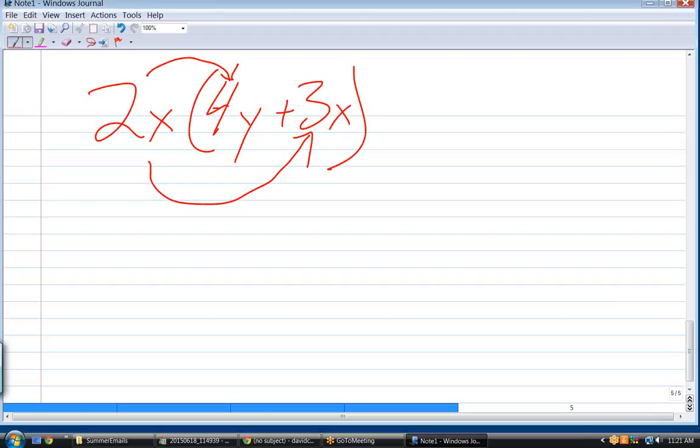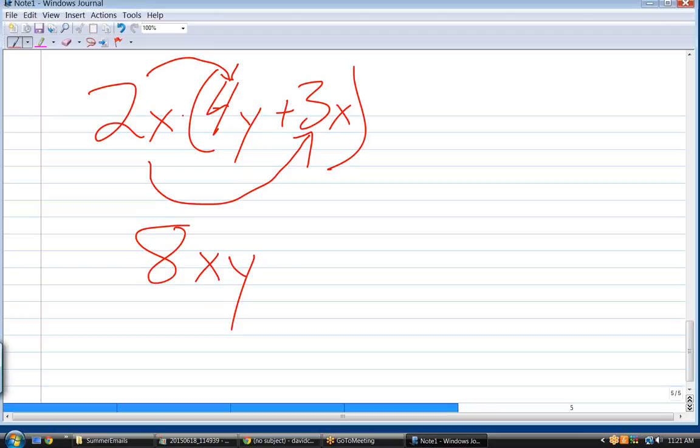So what's 2x times 4y? That's what it is right there. In other words, just put all four things next to one another and then multiply the two numbers. So you end up with 8xy.